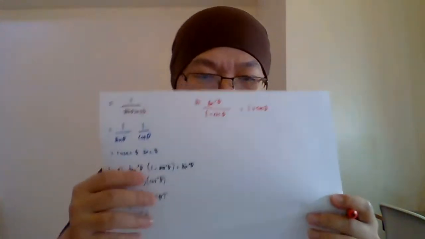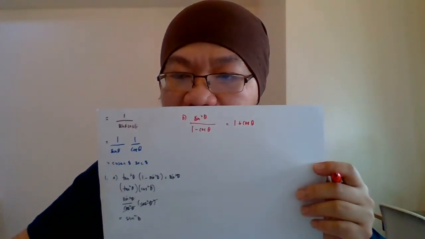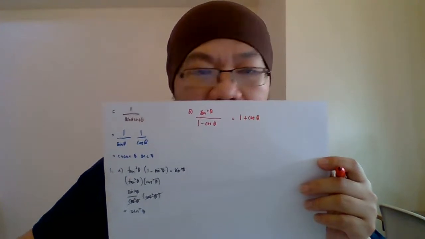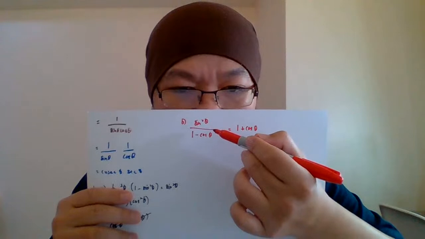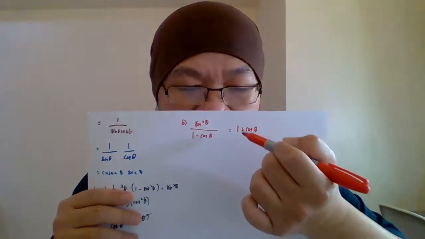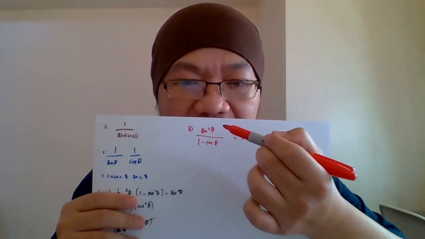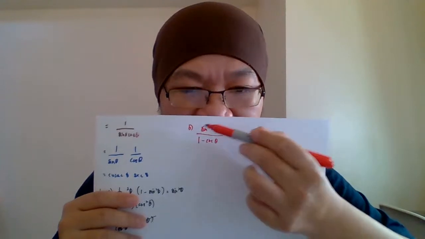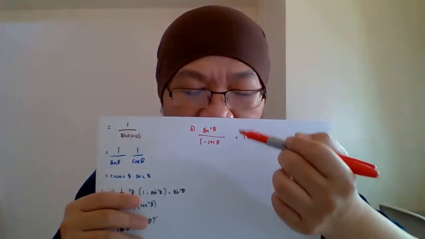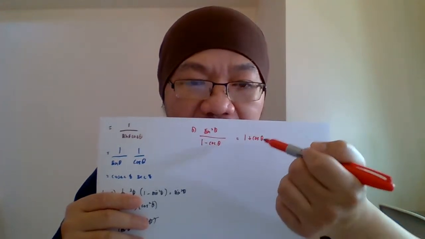Okay, guys, this is question B. This question must be equal to this one. So how do we substitute? Which identity do we need to substitute here, so that we can simplify and come up with this equation at the end of the calculation?